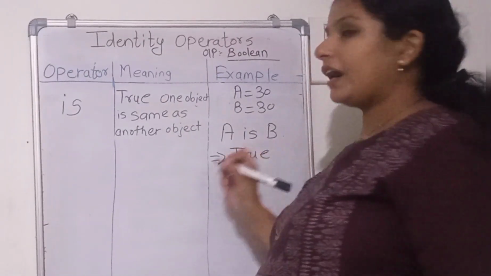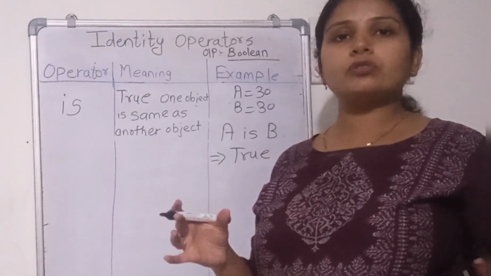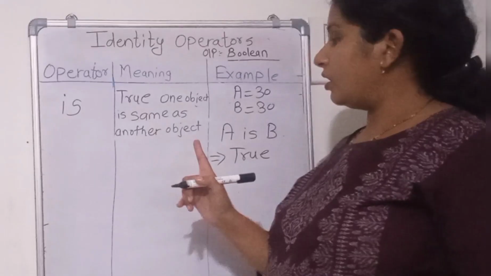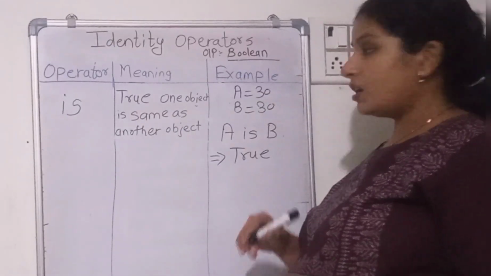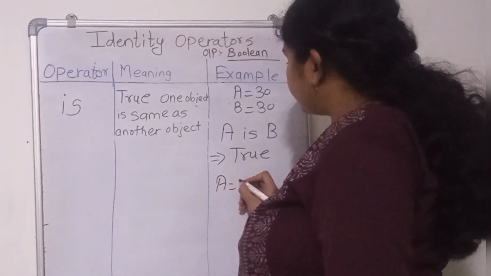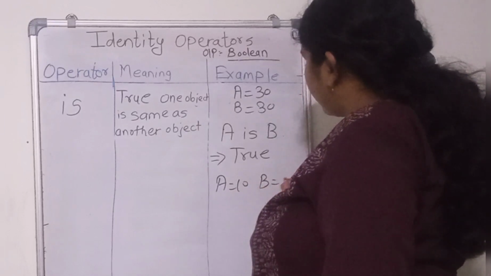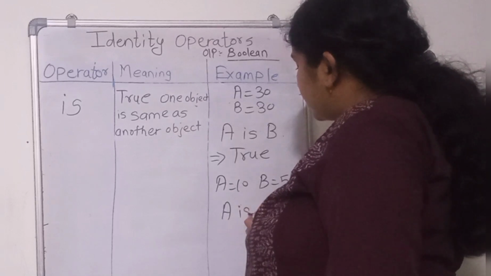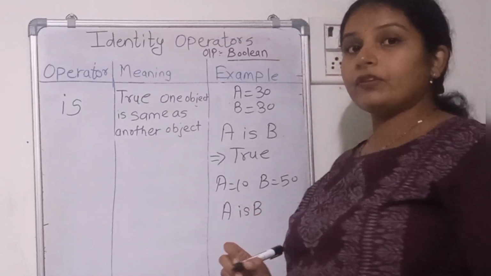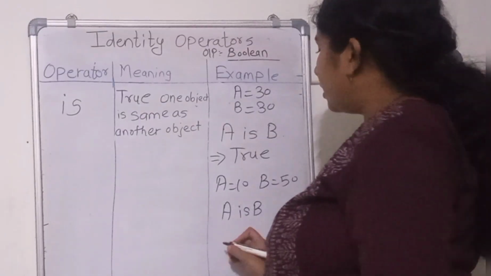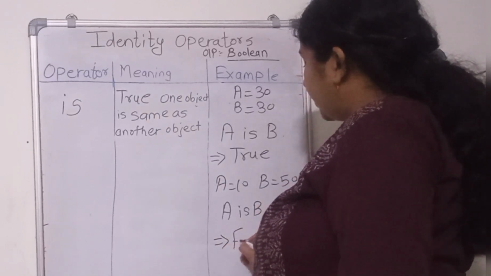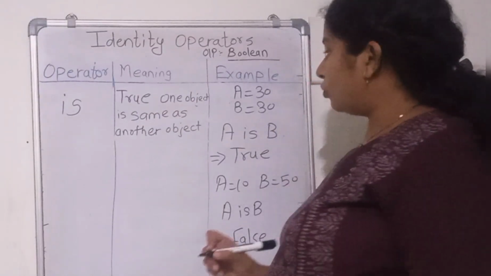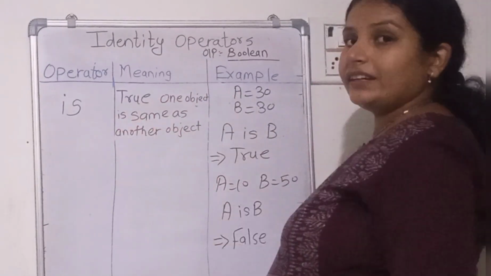We are checking the identity of both variables, so the identity of A is the same as the identity of B, and our result is true. Suppose A equals 10 and B equals 50. If we check A is B, then our answer will be false because both values are different.